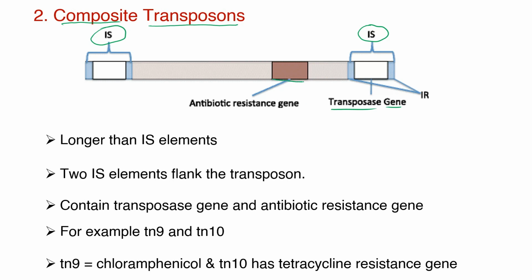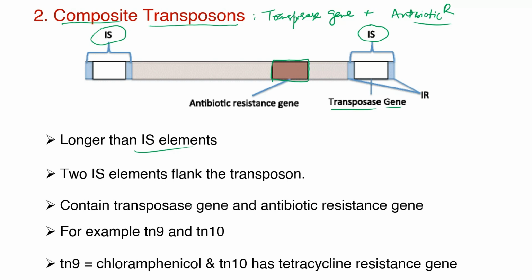So composite transposon has transposase gene plus it has antibiotic resistance gene. And obviously they will be longer than IS elements because it has two insertional sequences at the ends. They contain transposase and antibiotic resistance.